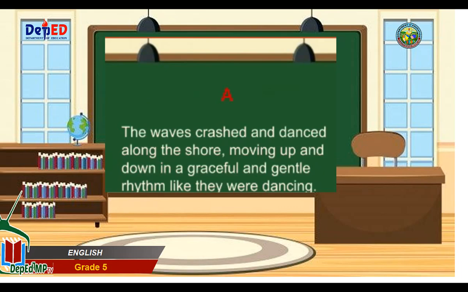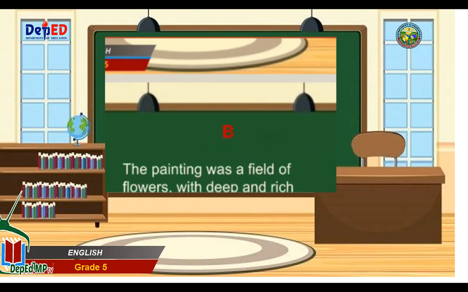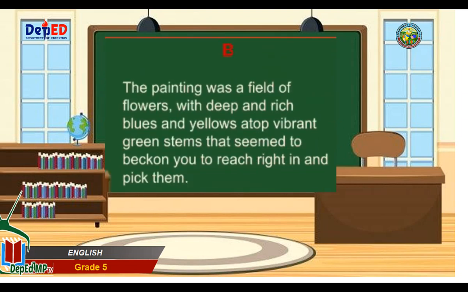That is letter A. Letter B. The painting was a field of flowers with deep and rich blues and yellow atop vibrant green stems that seemed to beckon you to reach right in and pick them.